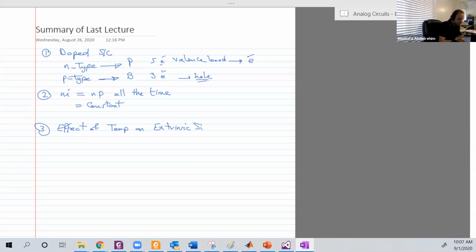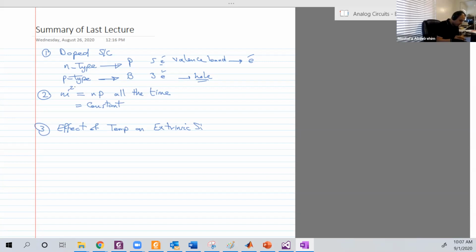We also mentioned that Ni, the intrinsic carrier density of the semiconductor, is always constant. It only depends on temperature and the energy gap, which is the material, because each material has its own energy gap.